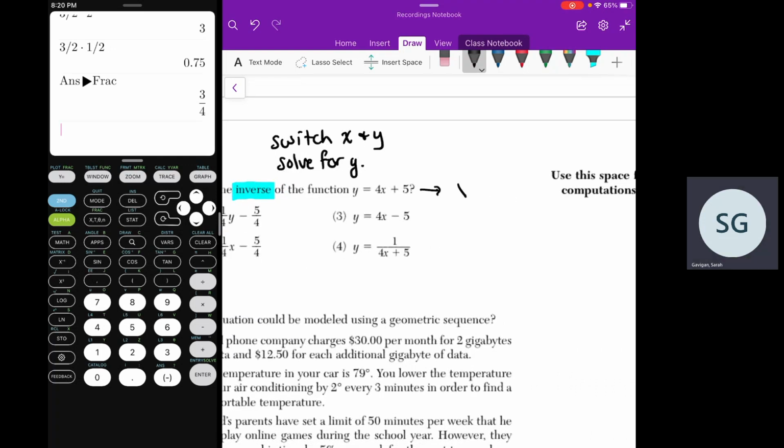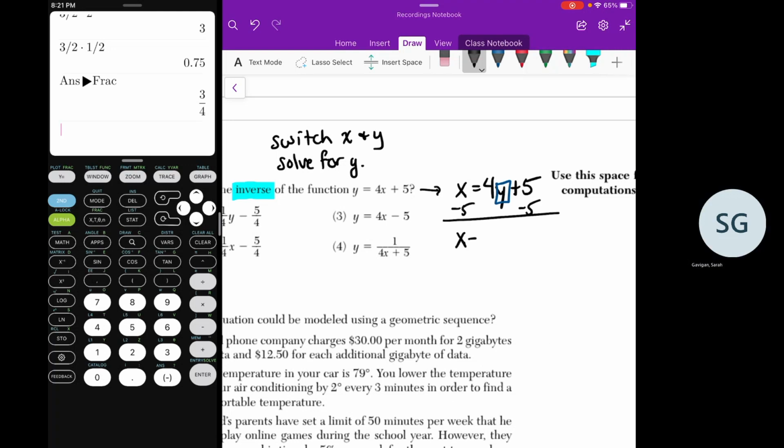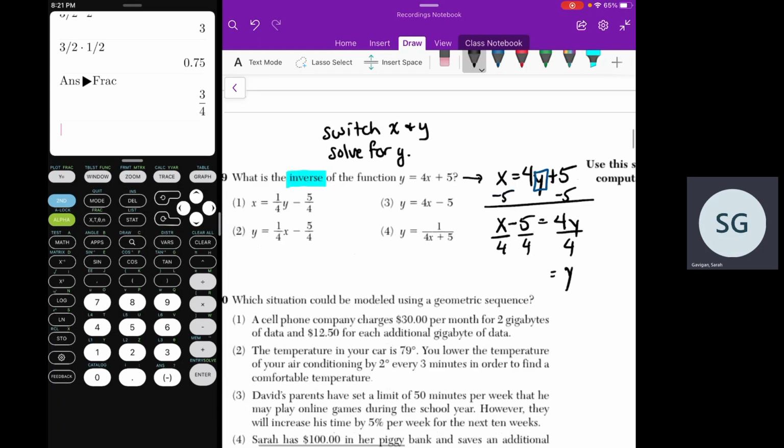Okay, so I'm going to switch x and y. And now I have to solve for y. So I just have to get y by itself. Subtract that 5. And then we're just going to divide each piece by 4. And so we'll have y equals x over 4. They wrote 1/4 x. And that's why it is choice 2.